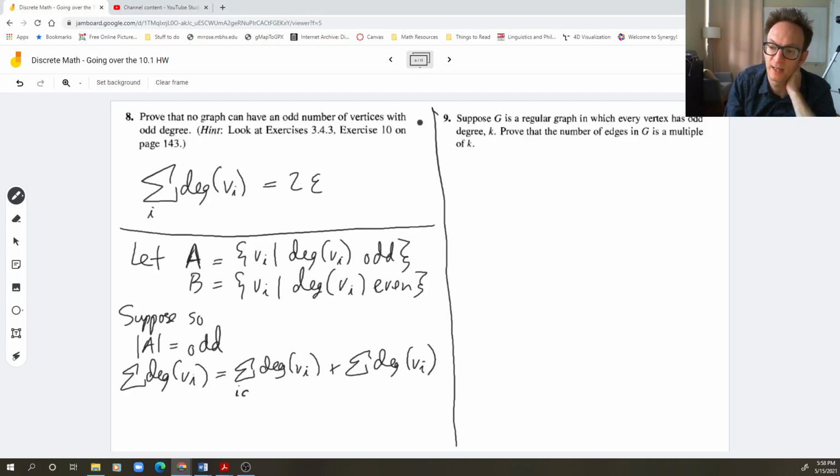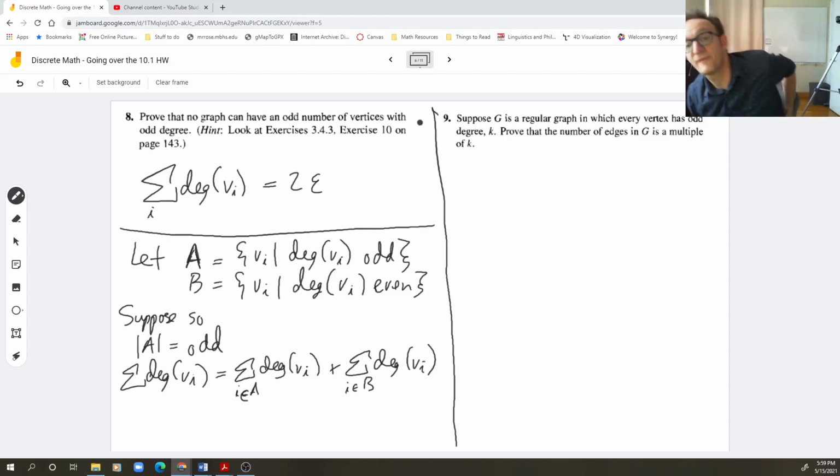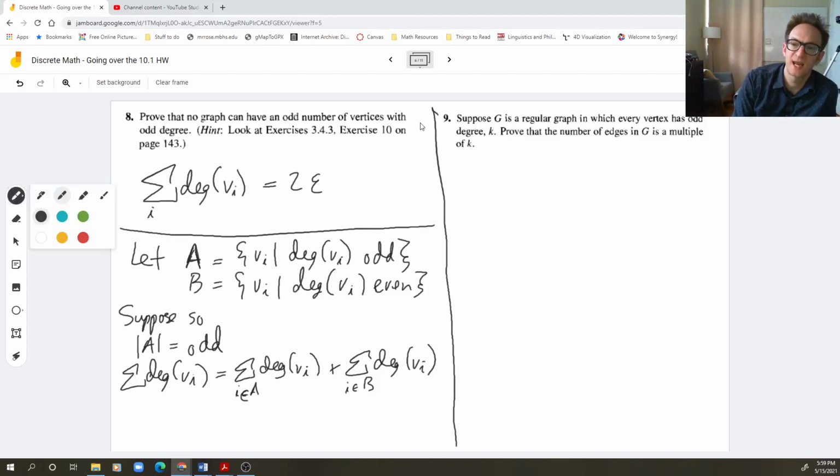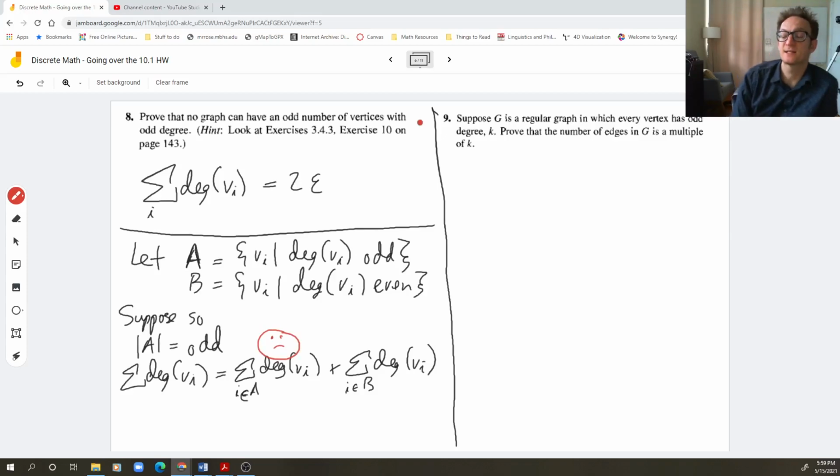So I'll just write something like the sum over i in A plus the sum over i in B. Well, if A has an odd number of things in it, then what are you doing here?